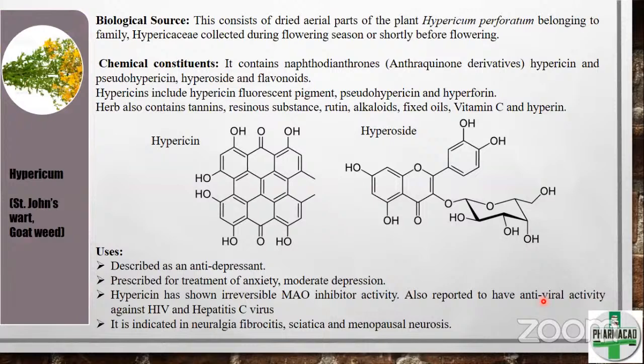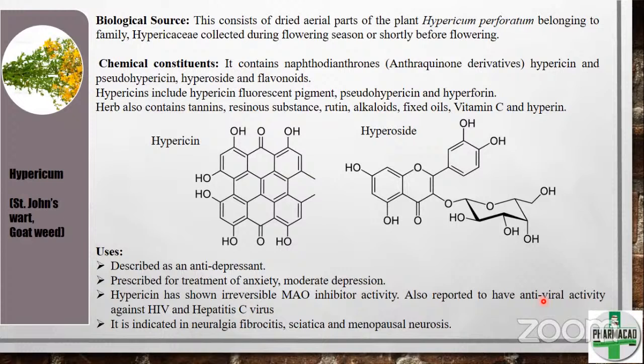Next, we see hypericum, which is also known as St. John's wort or goatweed. Okay, now hypericum, if you see, consists of dried aerial parts of the plant Hypericum perforatum belonging to family Hypericaceae, collected during flowering season or shortly before flowering season.